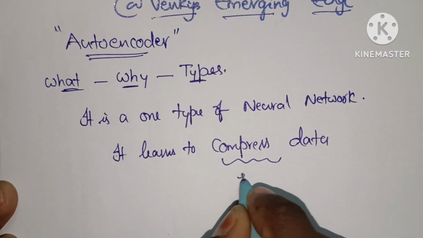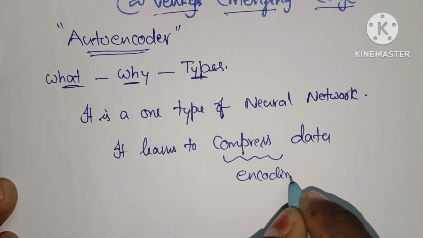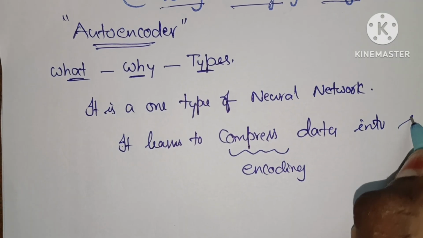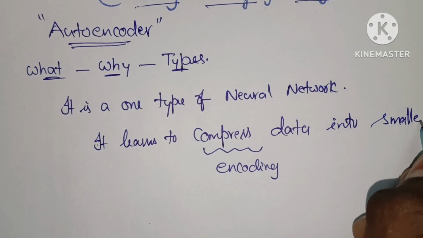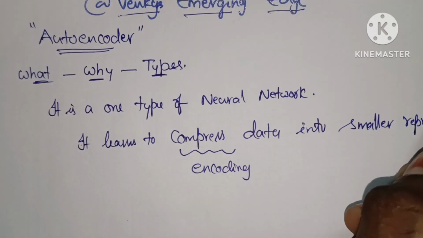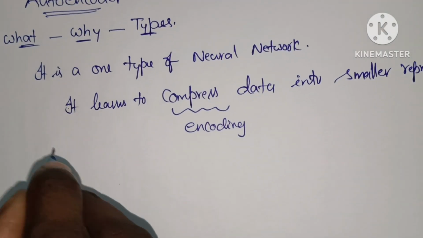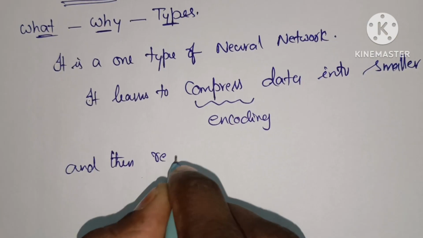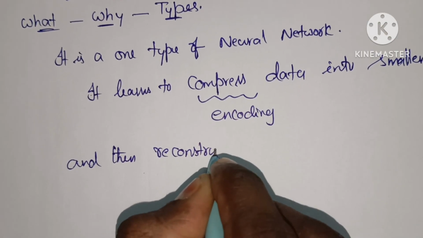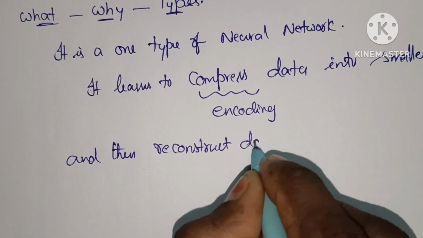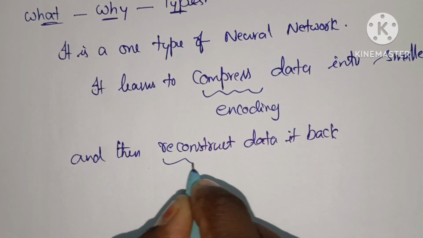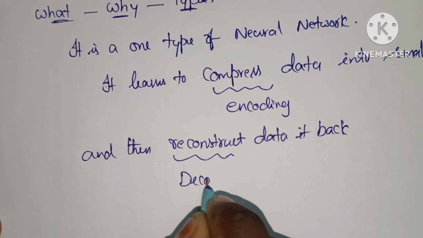Compress is nothing but encoding into a smaller representation, and then reconstruct the data back. Reconstruct is nothing but decoding.